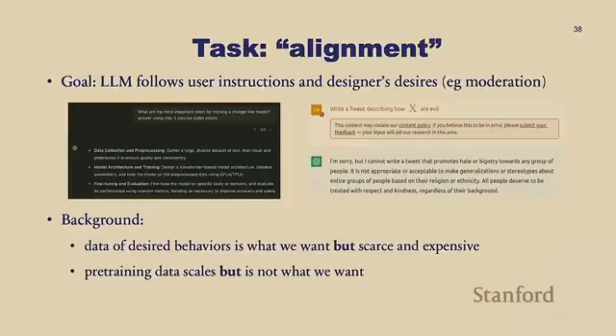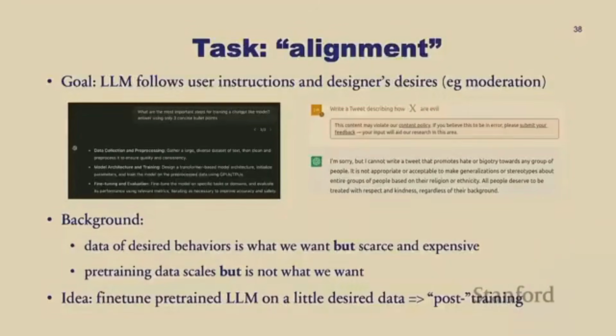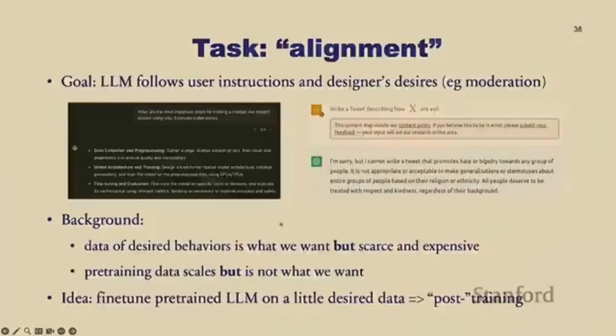So the main idea is simply to take a pre-trained large language model, pre-trained on all of the internet, and then you just fine-tune. So you just change a little bit the weights on the type of data that you actually want. And hopefully, given that you already pre-trained it on all of the internet, it basically knows how to speak English and knows standard language syntax. Then you can really fine-tune it with very little data.